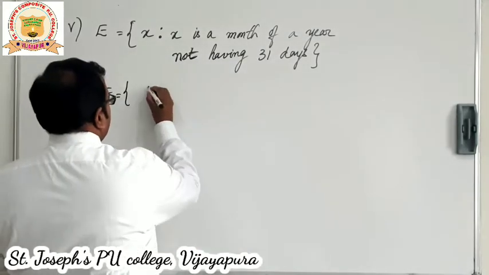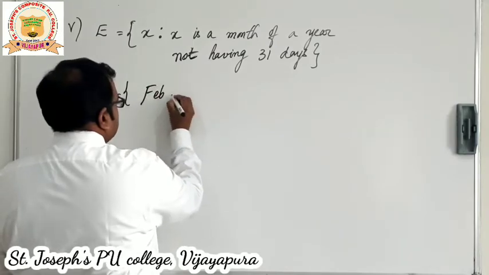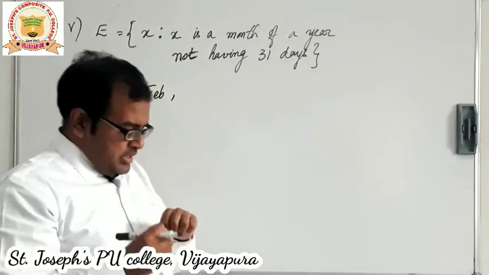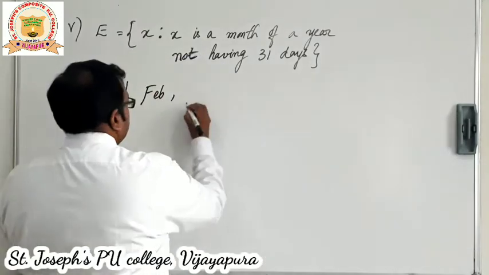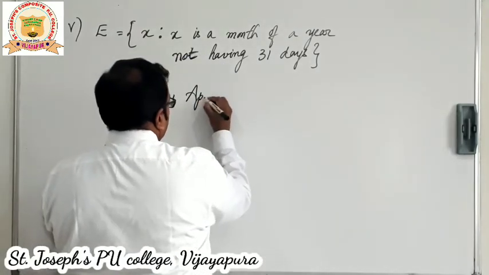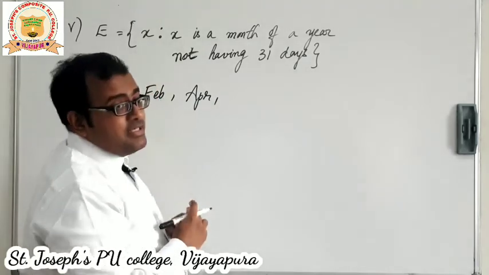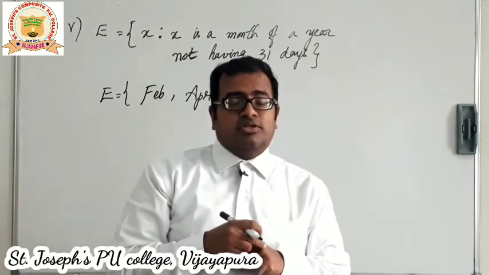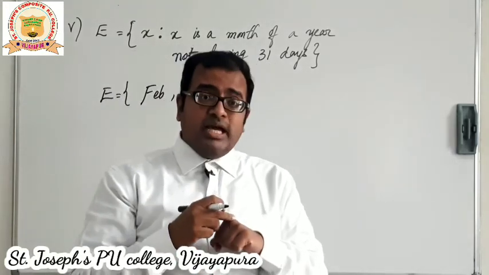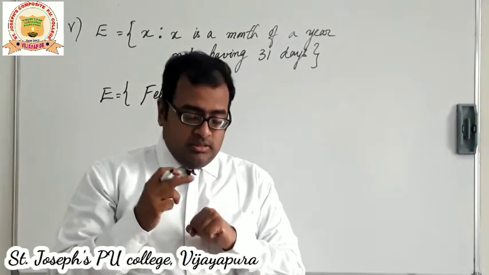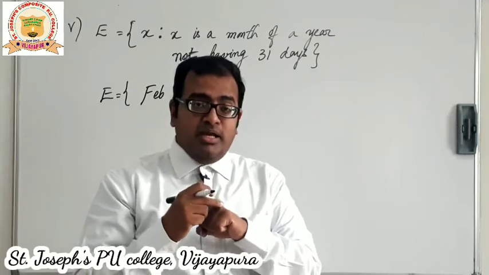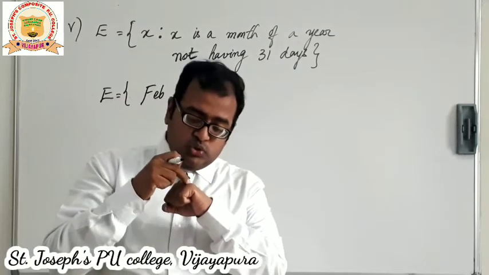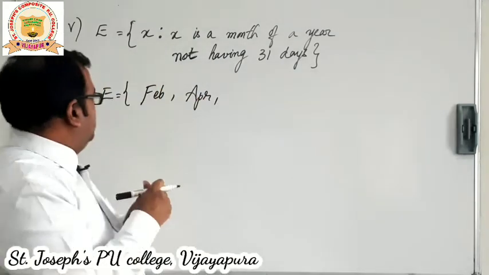February. I am writing only 3 letters, the shortcut. February. March. April. Yes, April has 30 days. It does not have 31 days. February had 29 days. Then comes January, February, March, April, May. May is 31 days. June, 30 days.